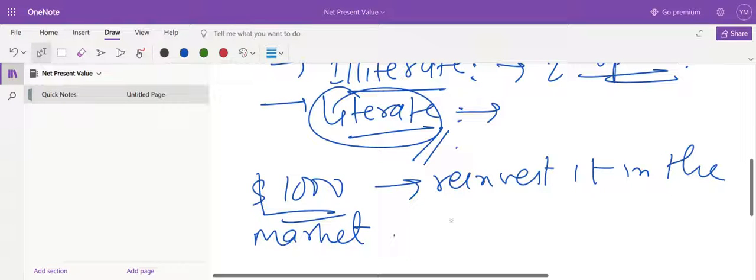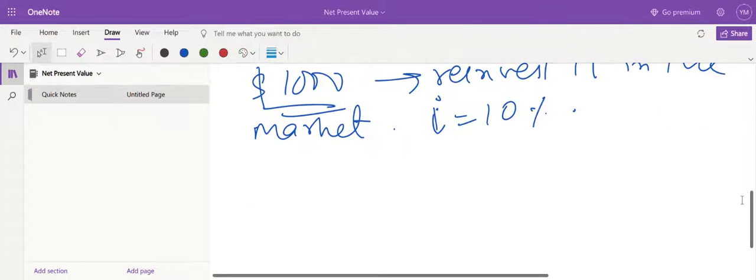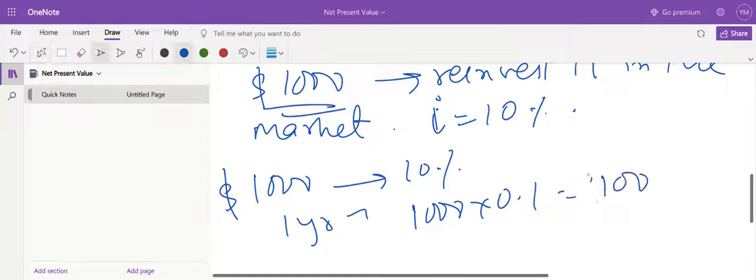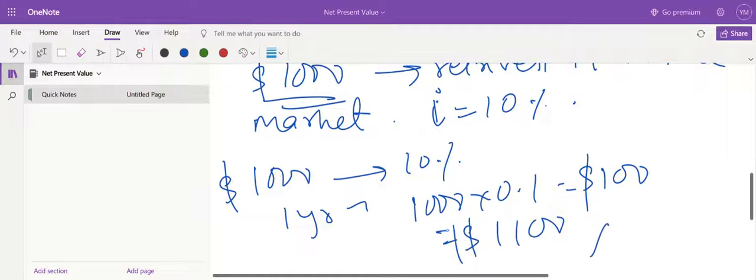Let's say the market return, the interest rate in the market, is currently 10%. So he will be able to generate 10% return on whatever amount he invests. He invests $1,000 at 10%, so 1 year later he'll have 1,000 times 0.1, that's $100 interest. So basically I'll have $1,100 after 1 year.